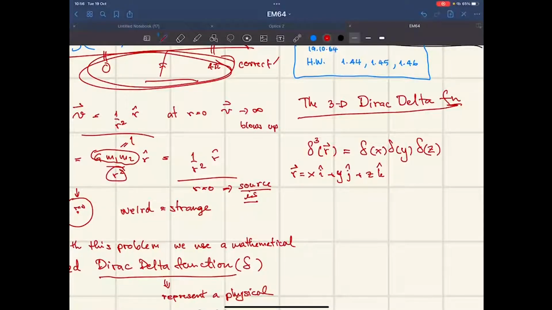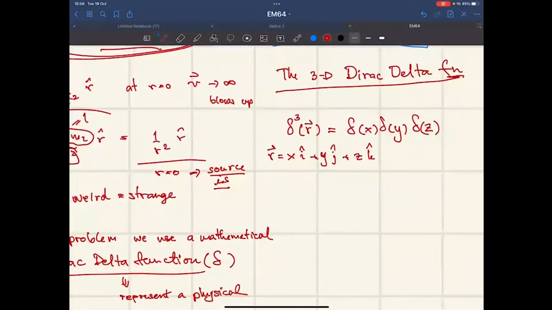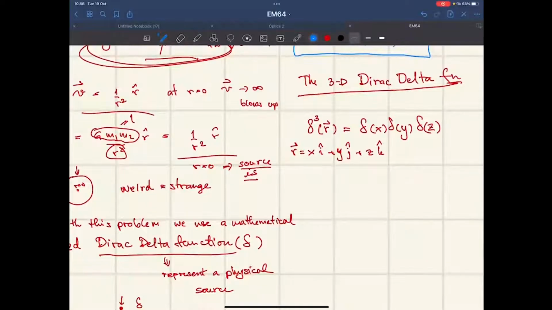Any questions? No. And again, we have to consider its characteristic, right? So we have to integrate over all space, instead of writing down the three integrations.